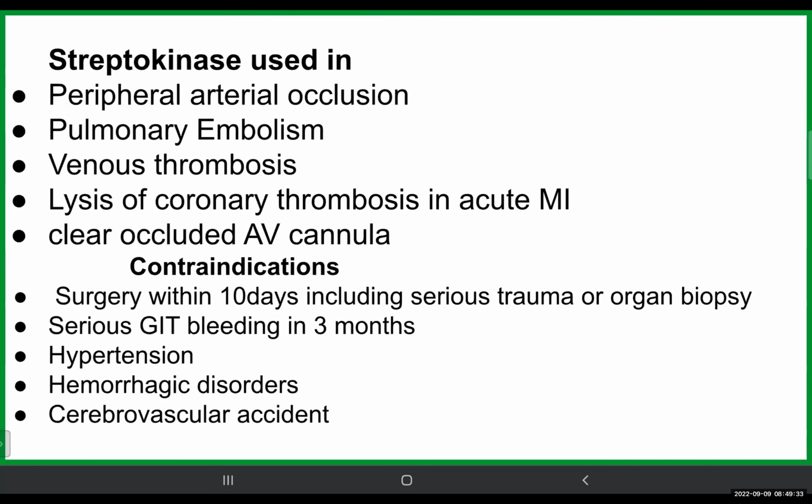So it is not to be used if the patient has had previous streptokinase therapy in the last 12 months. Now contraindications: surgery within 10 days, including any serious trauma or organ biopsy, serious GI bleed in the last 3 months, hypertension, hemorrhagic disorder, or cerebrovascular accident.